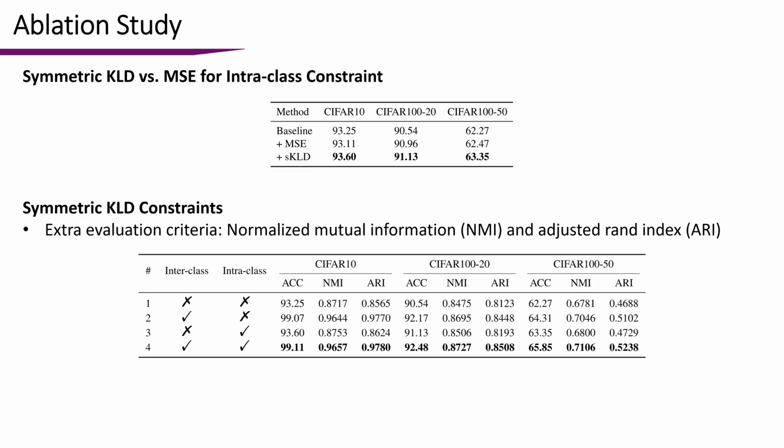In summary, both inter-class and intra-class constraints are effective, and each of them can consistently boost the performance of the baseline. In particular, the inter-class SKLD constraint alone can gain more improvements than the intra-class SKLD constraint alone.